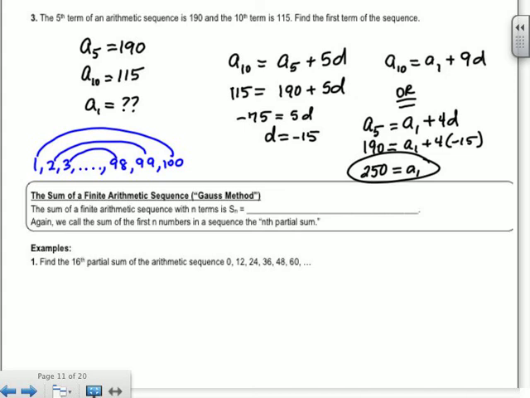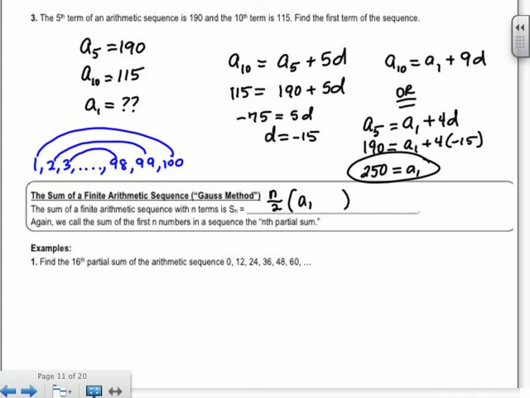So if I have S sub n, what did Gauss do? How many terms were there total? 100, and he divided them into pairs. So if I have n terms, I'm going to do n divided by 2, right? Then he multiplied by the first and the last term added together.